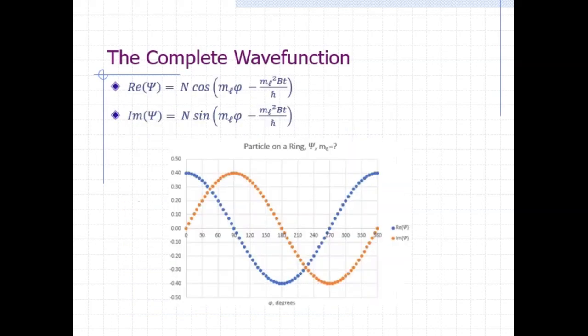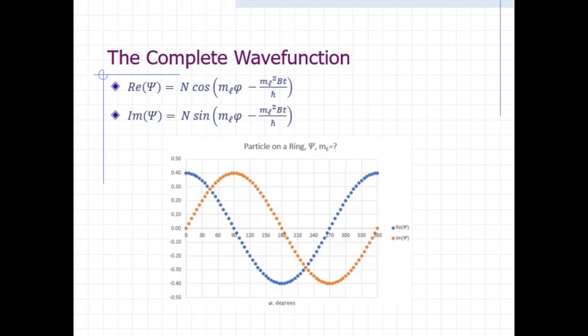Shown below are the real and imaginary components of the stationary state wave function for a particle on a ring at time 0. The real component is shown in blue and the imaginary component is shown in orange. The horizontal axis spans 0 to 360 degrees. What do you think is the quantum number m sub l?